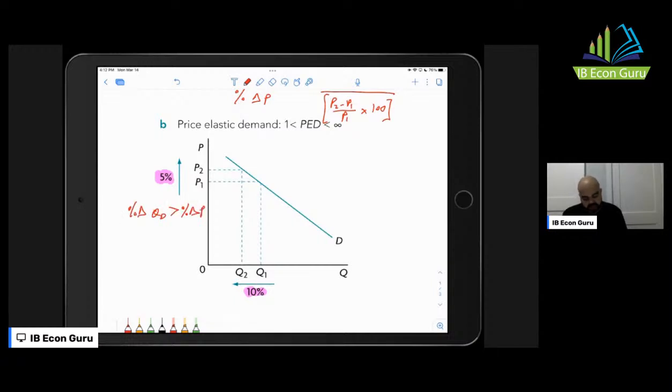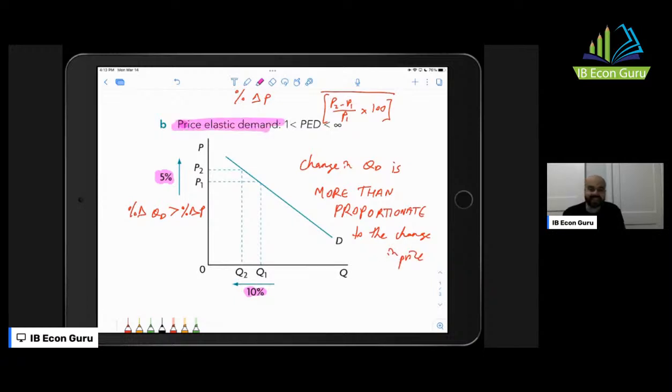Here we say that the change in quantity demanded is more than proportionate to the change in price. And here, demand is said to be price elastic. The value of price elasticity of demand will lie between 1 and infinity.